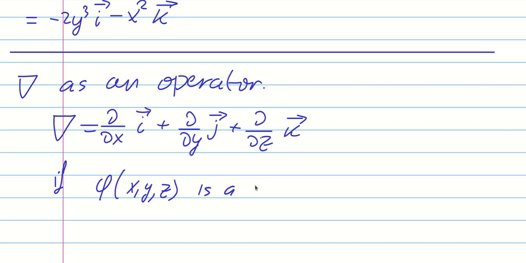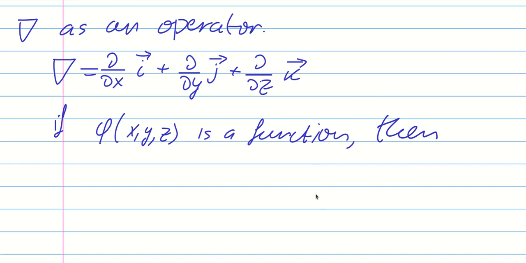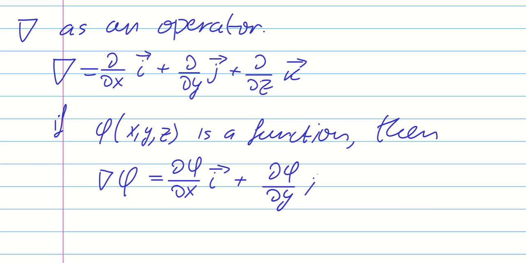then we can think of gradient of phi as d phi dx i plus d phi dy j plus d phi dz k.